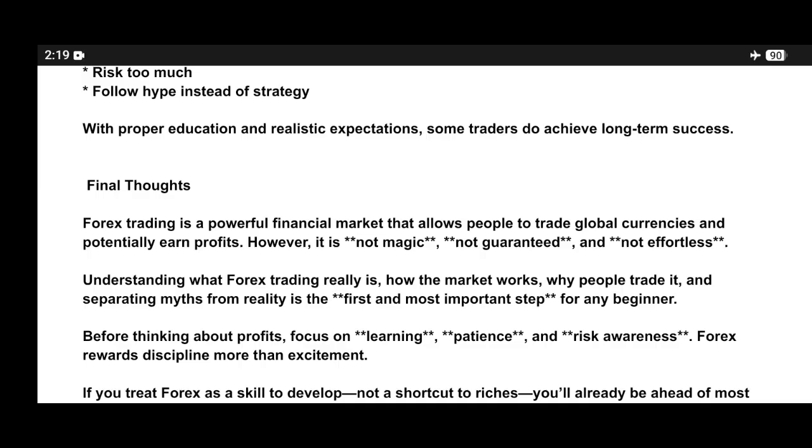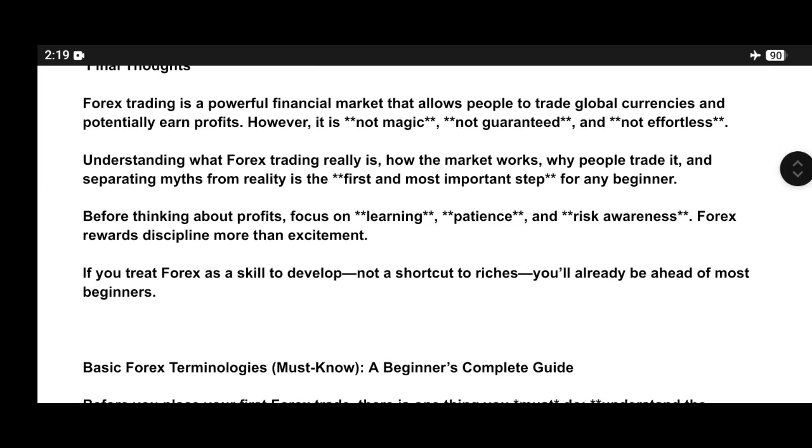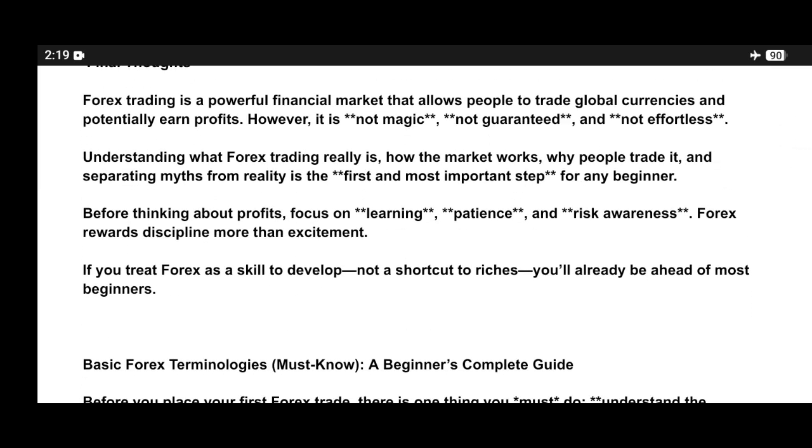Before thinking about profit, focus on learning, patience, and risk awareness, because forex rewards discipline more than excitement. So if you take forex as a skill to develop, not a shortcut to riches, you are already ahead of most beginners. Are you getting me?